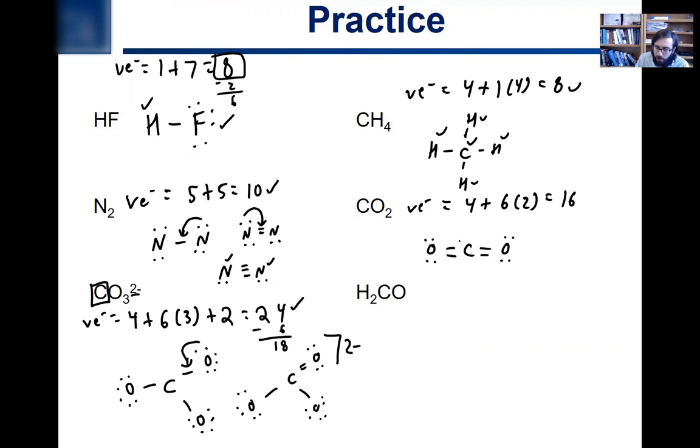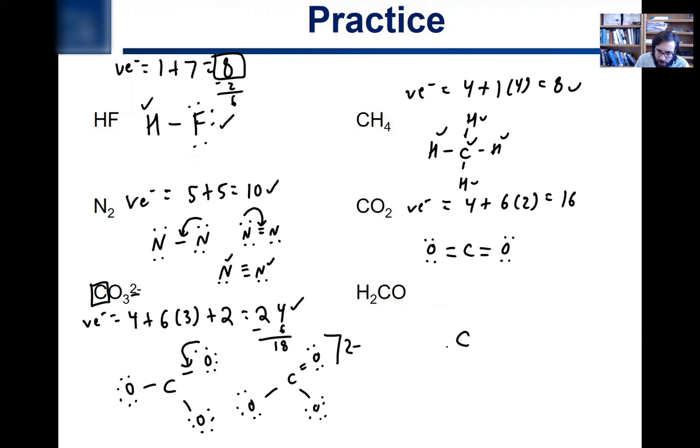I kind of did the octet rule first this time. Octet rule is happy, 2, 4, 6, 8 for oxygen. Carbon's happy, 2, 4, 6, 8 for that oxygen. Do we have 16 total? 2, 4, 6, 8, 10, 12, 14, 16. Yes, that's correct.